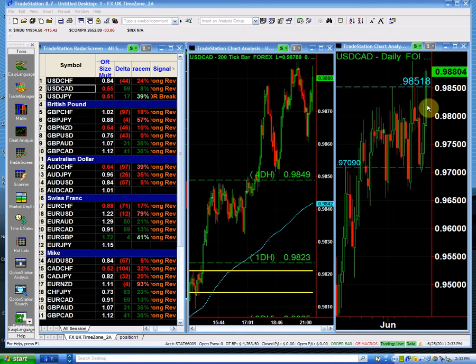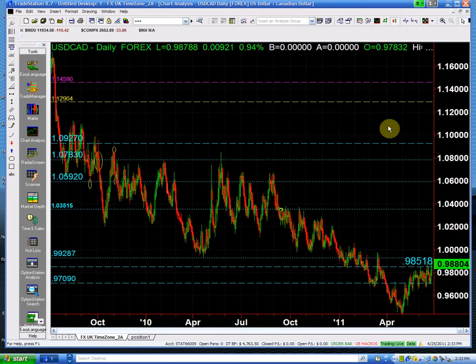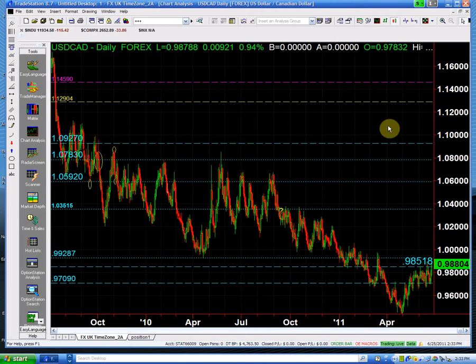It traded above the structure point of 98.51. I don't know where this 98.51 came from.